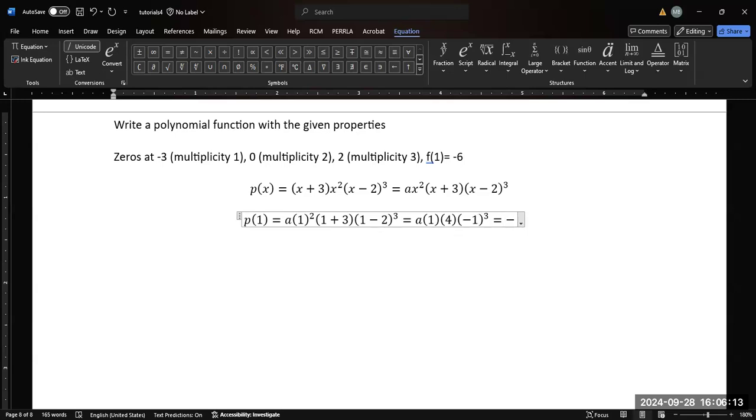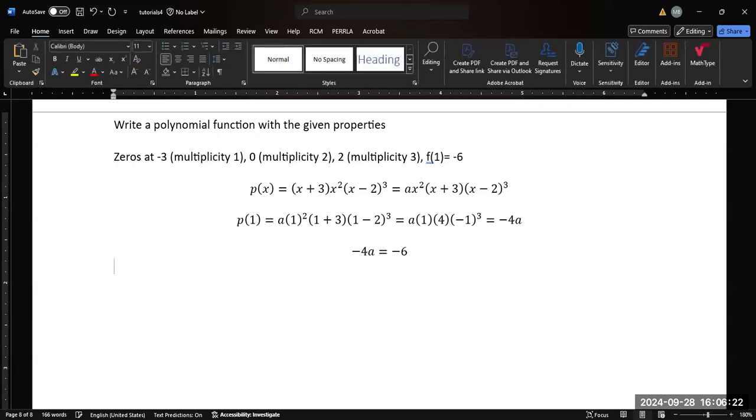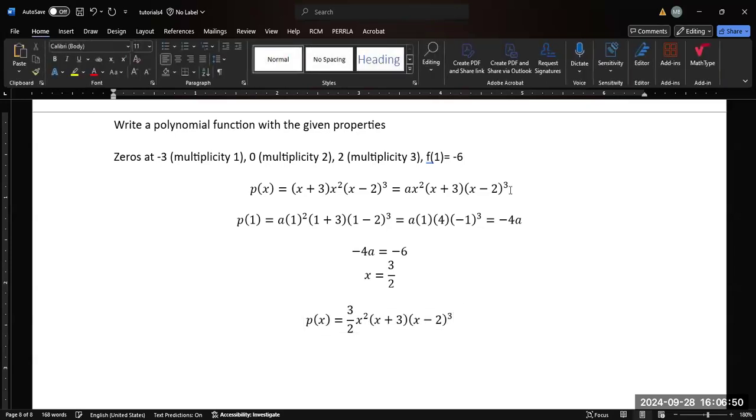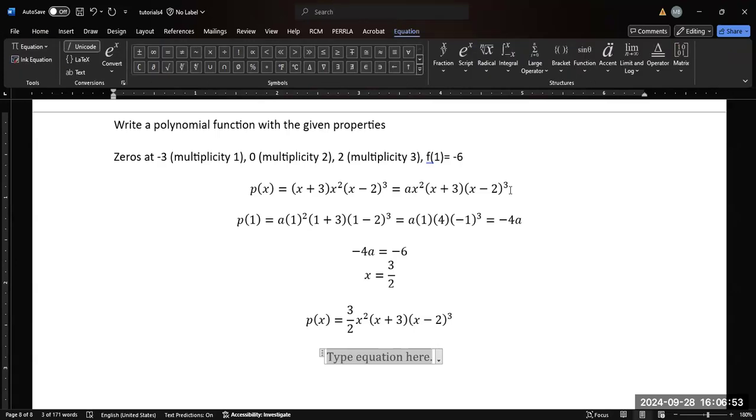So this is going to be -4a. Now, I know that -4a is equal to -6, and so from that, I can determine that a must be equal to 3/2 when I solve for a. So my final equation is going to be 3/2 x squared, x plus 3, x minus 2 cubed.